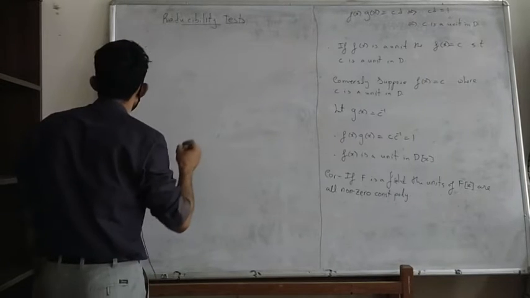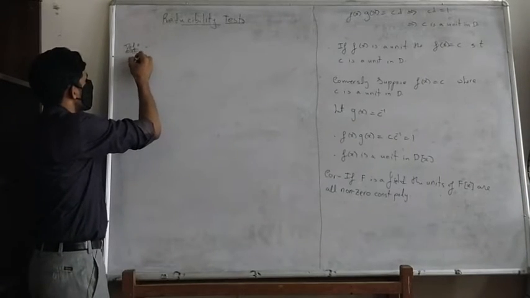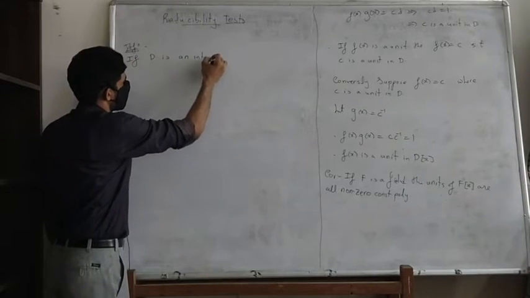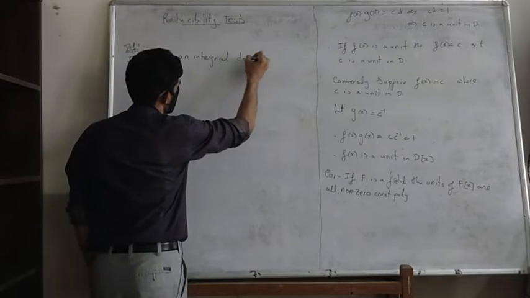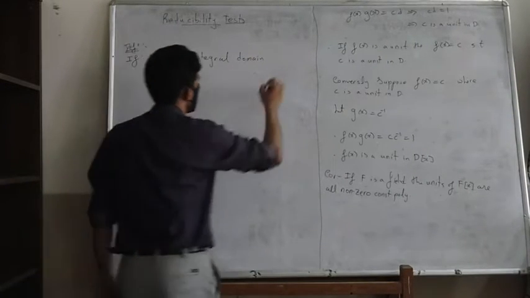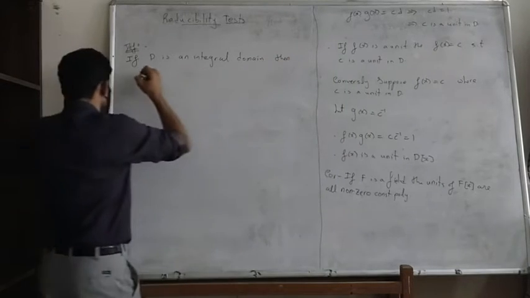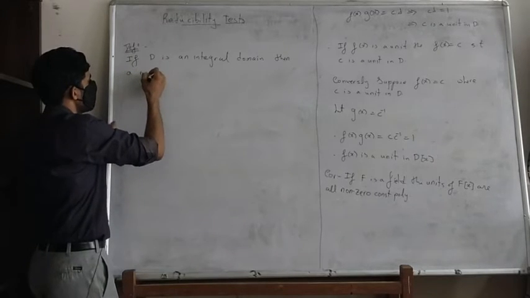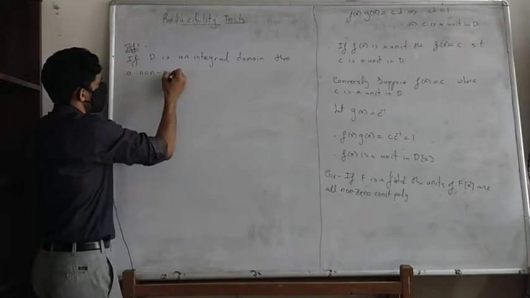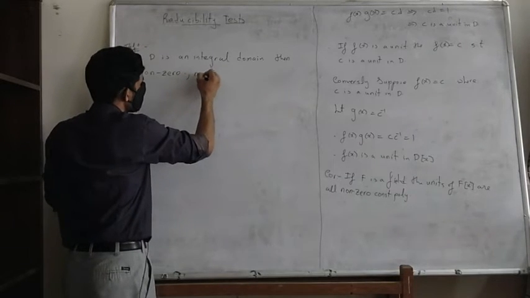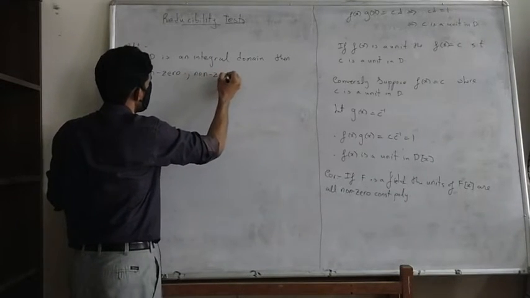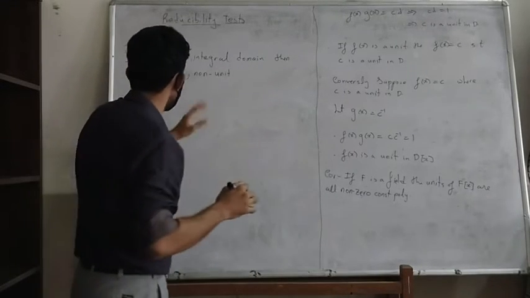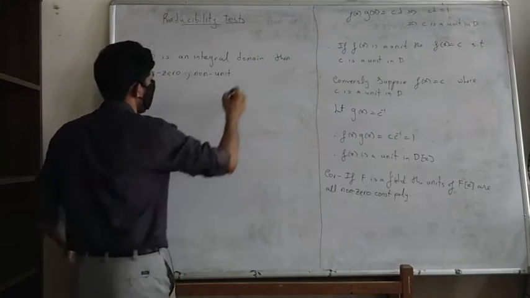So if D is an integral domain, then f(x) non-zero non-unit. Okay, so I am going to define this reducibility only for non-zero non-unit polynomials.